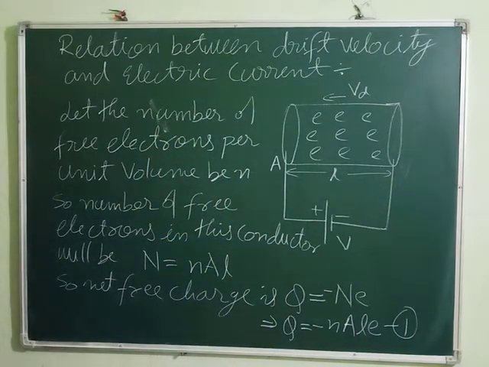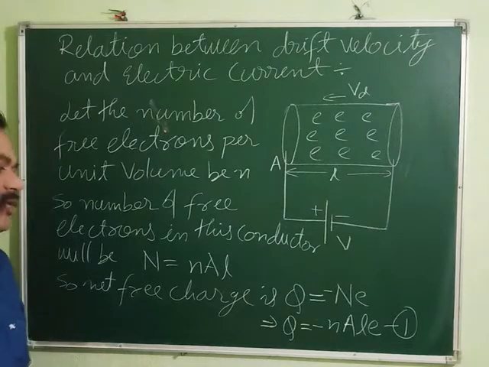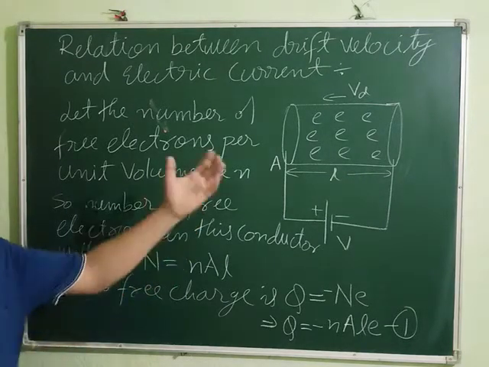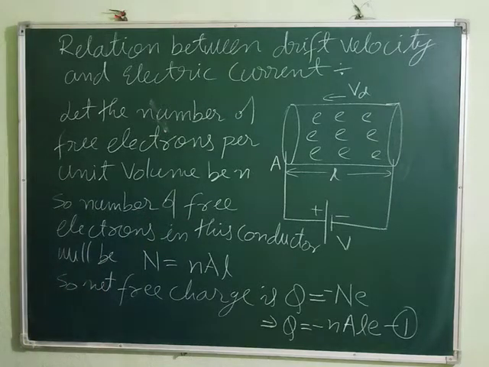In this way we got the total, or net, free charge present on this piece of conductor. Now actually we want to find out the current. So now we have to find out the time, because we know that charge upon time gives the current. That is the relation you have studied in class 10th.